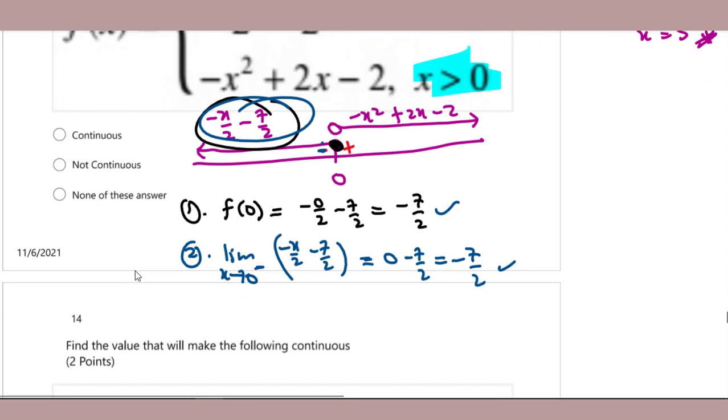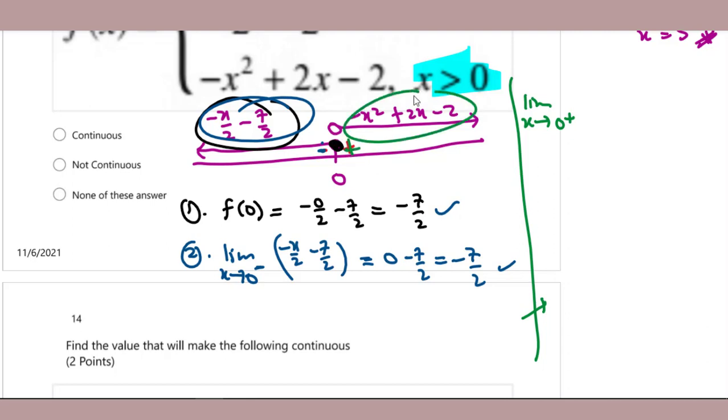Okay, substitute. Limit as x approaches 0 from right, choose this function, negative x squared plus 2x minus 2, and then substitute 0 plus 0 minus 2 is equal to negative 2. Okay, check.